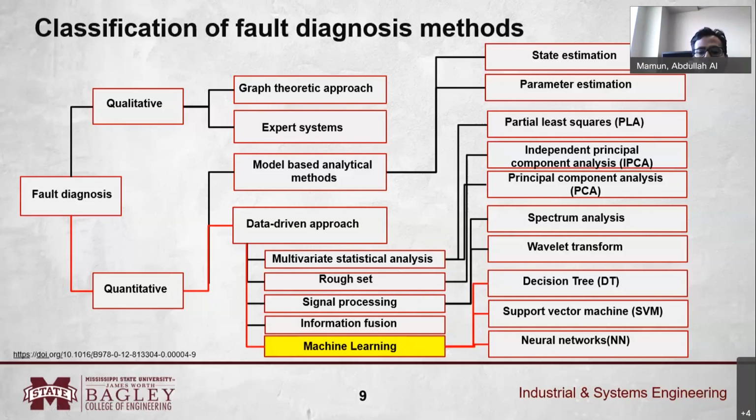For example, under machine learning we can use decision tree, support vector machine, and neural network. In the second portion, we will be talking about artificial neural network systems for diagnosis of different types of faulty bearings.